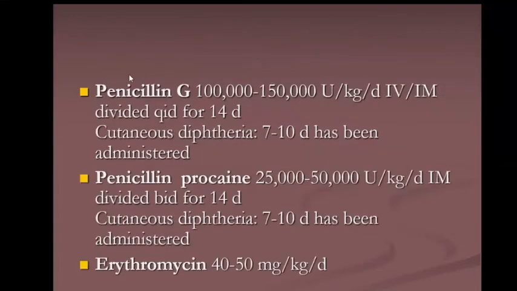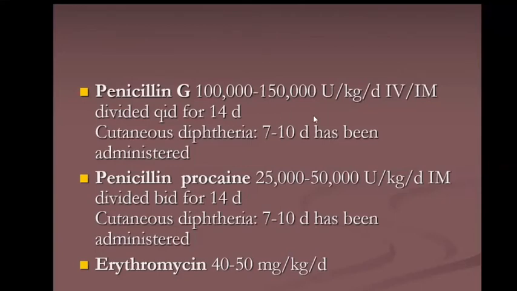Then another important one is penicillin. Penicillin is the antimicrobial agent of choice for treating diphtheria. You can have various preparations: crystalline penicillin or penicillin G can be administered, and procaine penicillin can also be administered.